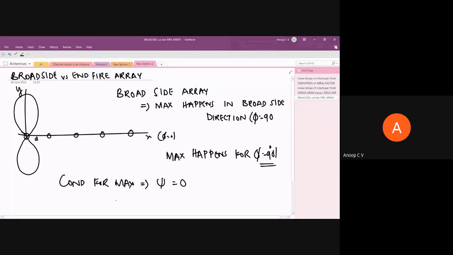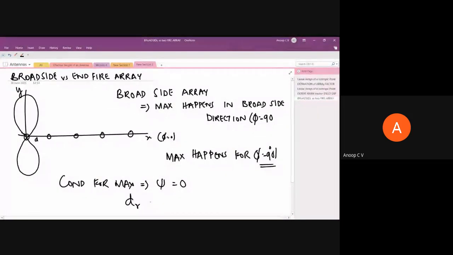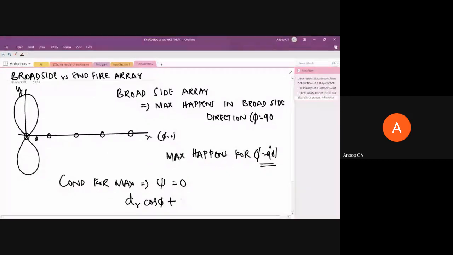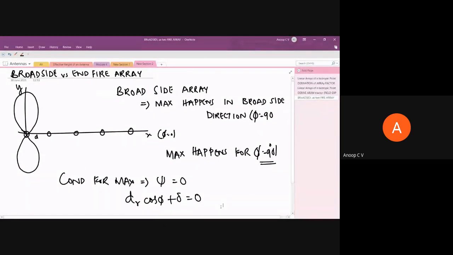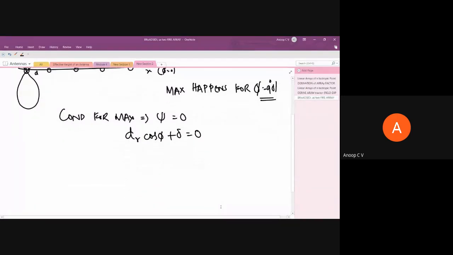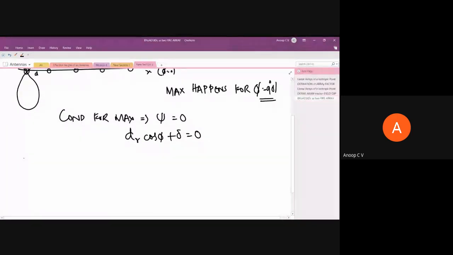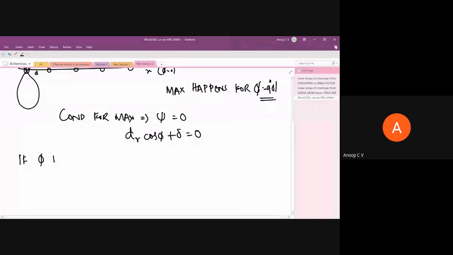This is very important. So psi equal to 0, that is d r cos phi plus delta equal to 0, is the condition for maximum.